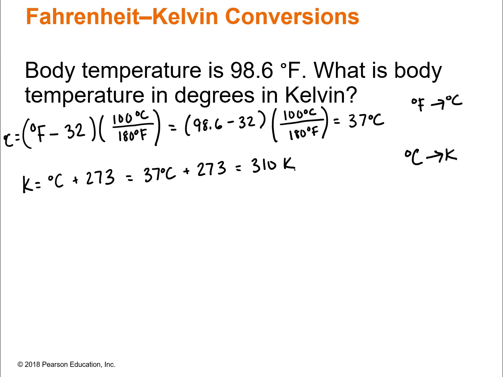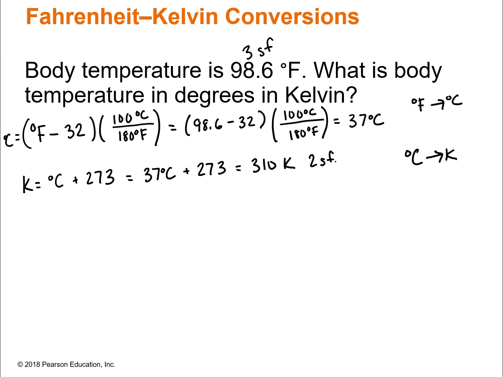But let's look at our sig figs. We've got 3 sig figs in our problem. So how do we represent that? Because as our number stands, it's only got 2 sig figs.